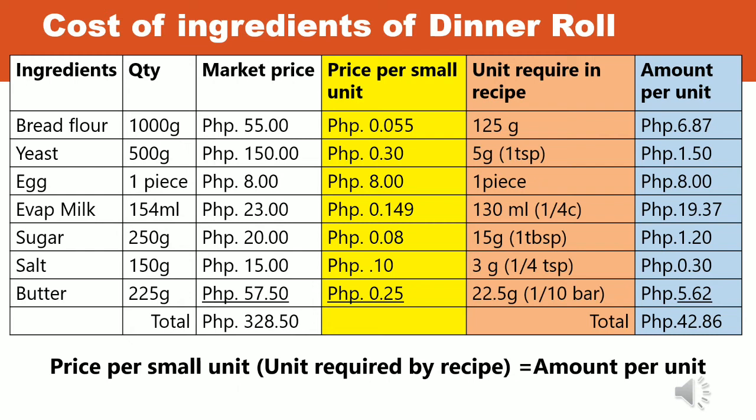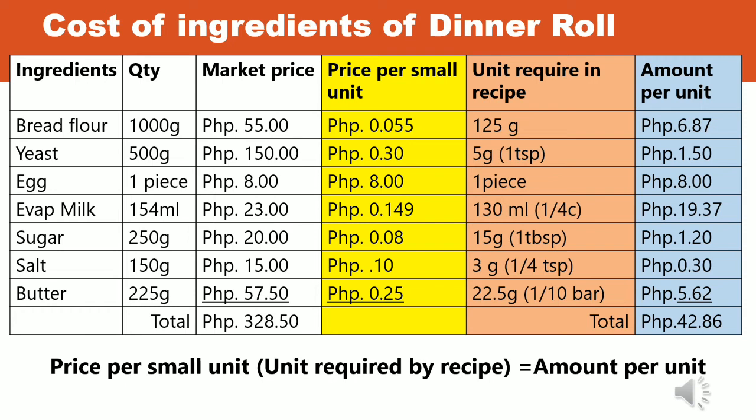Next, the sugar. The sugar costs 0.08 centavos per gram. To get the amount of sugar, we're going to multiply 0.08 and 15 grams equals 1.20 pesos, meaning every 15 grams costs 1 peso and 20 centavos.